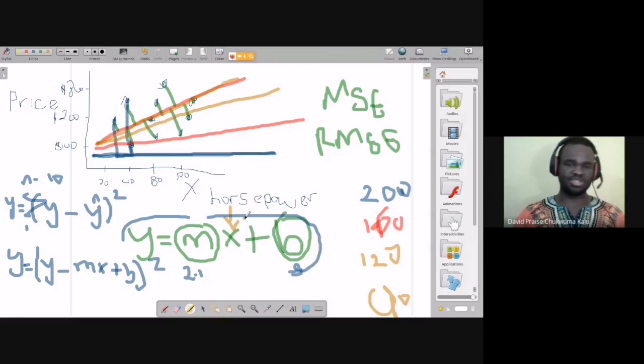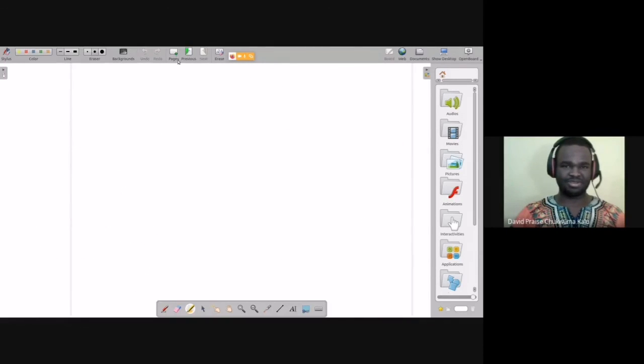Then we write some set of rules that this is the time we're going to stop. And the way that we update it, of course, is by taking the derivative of this equation. So that's a really small idea behind linear regression. The next algorithm that we're also going to talk about, but before then, any questions?